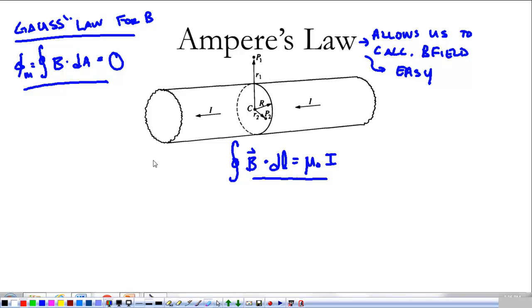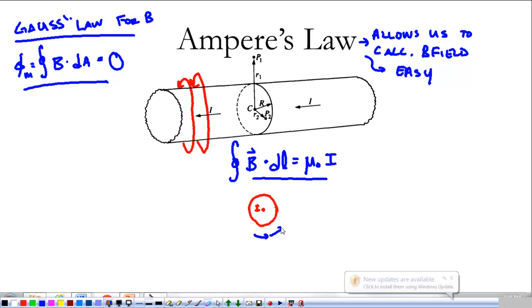Now looking at it again, we see our magnetic field looping around our cylinder like this. If we were to have a front-on view of that, if the current's coming out at us, the magnetic field would be going around it like this, in concentric circles for different values of the magnetic field.